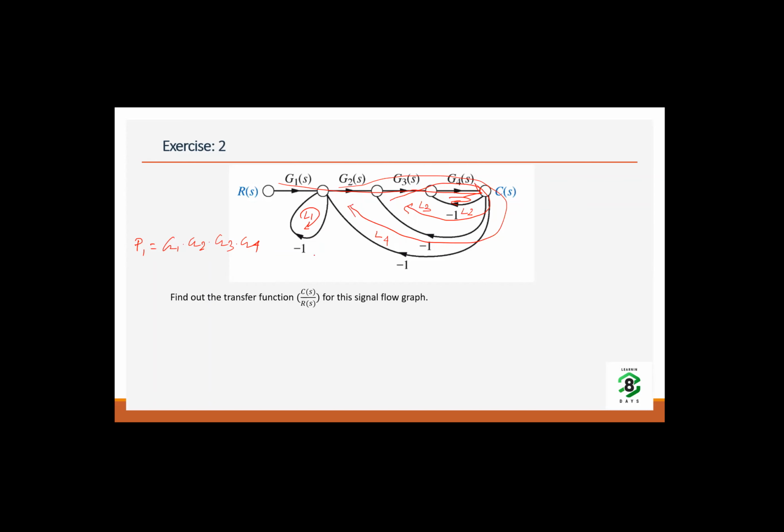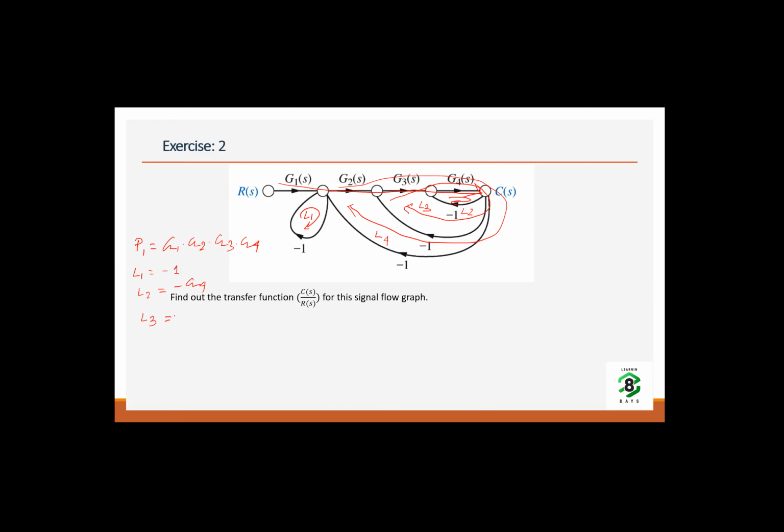Now what I have to do is find out the gain of each of the loops. So loop 1 gain is -1. Loop 2 gain is minus G4. From here to here it is G4, and then in the return path it has -1. So this is minus G4.